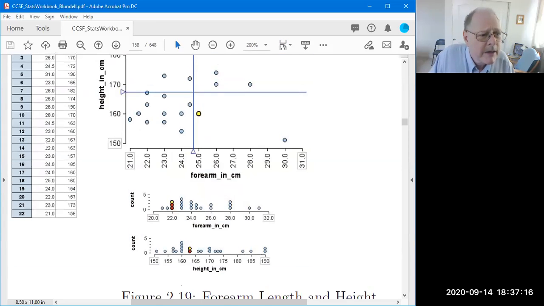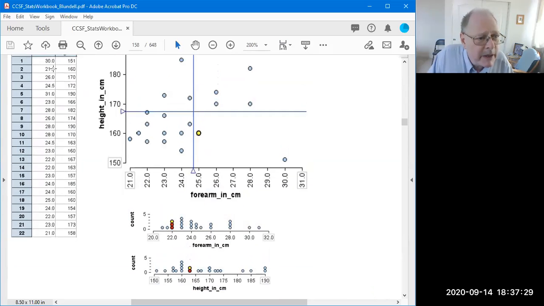Okay. But I can also look back at the data list and see who are the people in the list whose forearms are just a little bit shorter than 25. And I find them over here. There's person number 11, whose forearm was 24.5, and person number 17, whose forearm was 24.5.